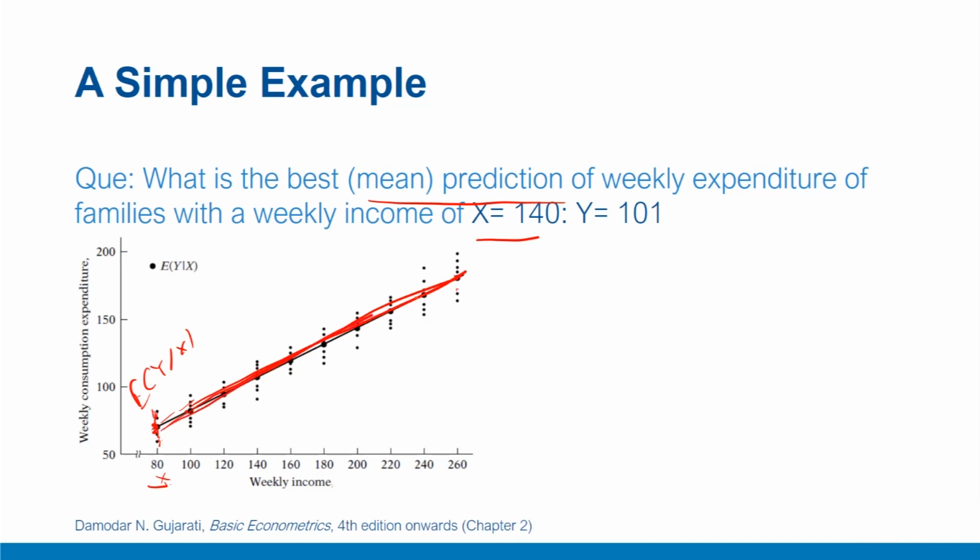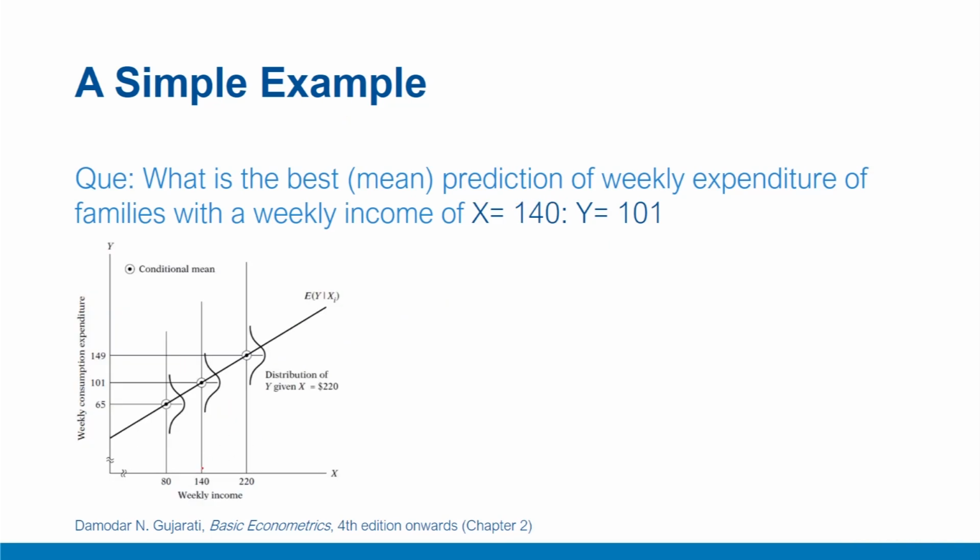So for example, if you have the weekly incomes given on the X axis, and for each level of income you have a distribution of Y values, we know that for any distribution, if a variable has a distribution, it is stochastic in nature, and we can compute its expected value as we have already seen using the probabilities.